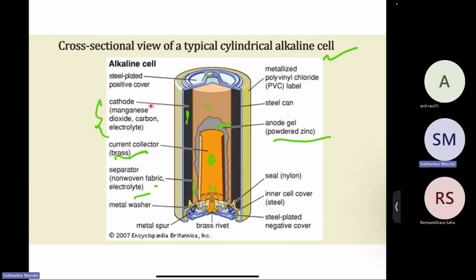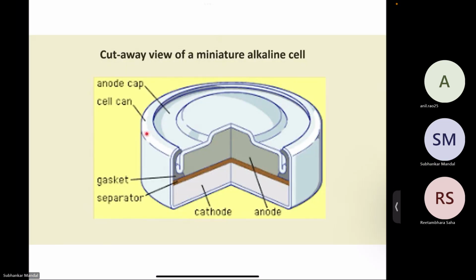So this is one of the cylindrical alkaline cells, and this is a cutaway view of the miniature alkaline cell, or what we used to call a coin cell.